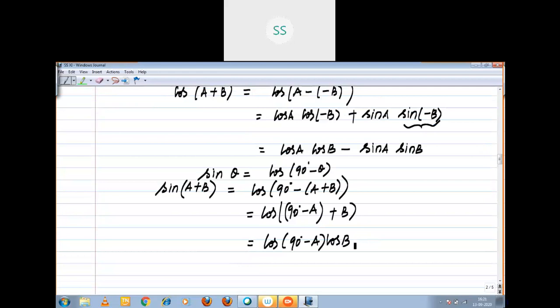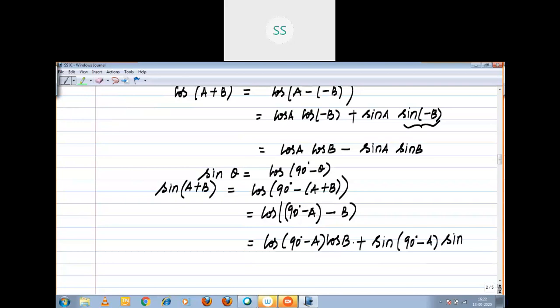Cos(A plus B) formula, what is it? Cos A cos B, plus, sorry, not plus, minus. Sorry children, one minute, I committed a mistake, right?